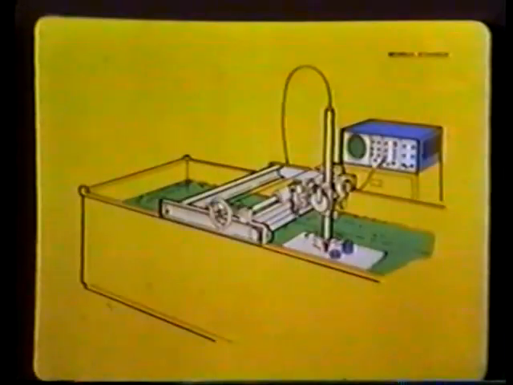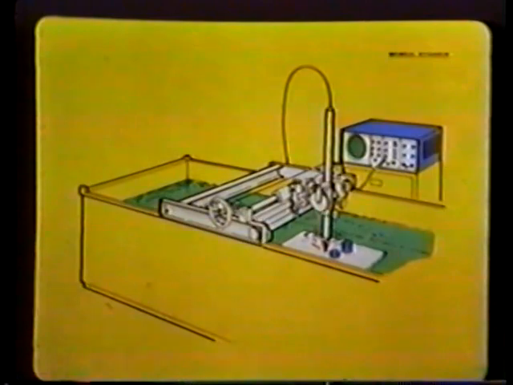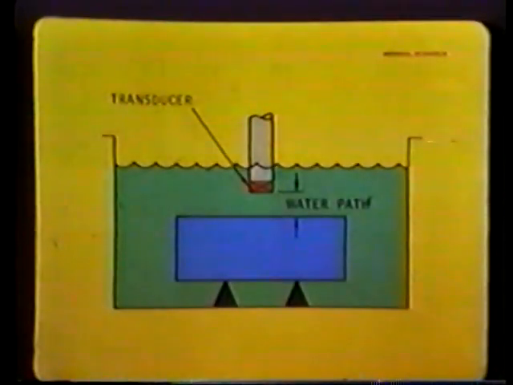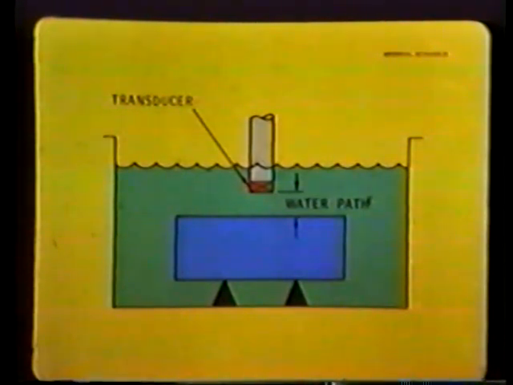In calibrating, standardizing, and immersion setup, distance amplitude blocks are frequently used to establish the initial transducer angle, water travel. Water travel, or water path, you'll recall, is the space between the transducer and front surface of a test specimen, test block.